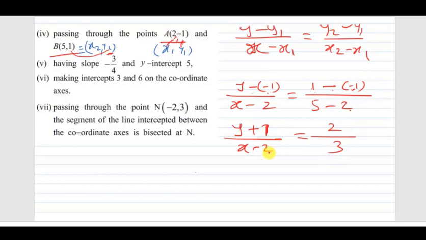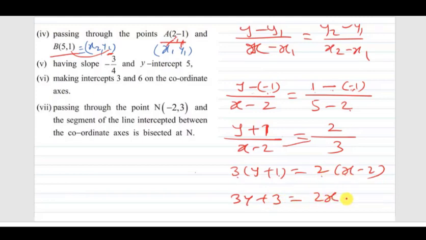Just cross multiply: 3 into (y plus 1) equals 2 into (x minus 2), right? So now 3 into y, 3y plus 3 into 1, 3, equals 2 into x, 2x minus 2 into 2, 4. Just shift all the values to the right hand side.